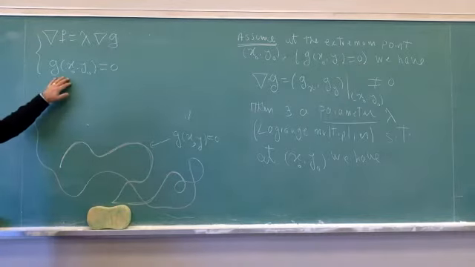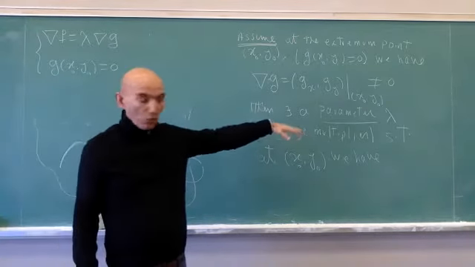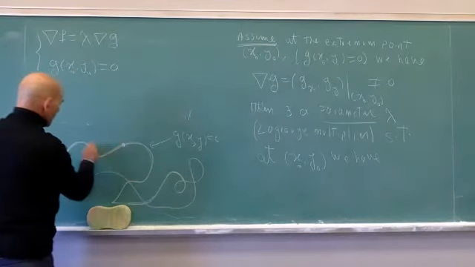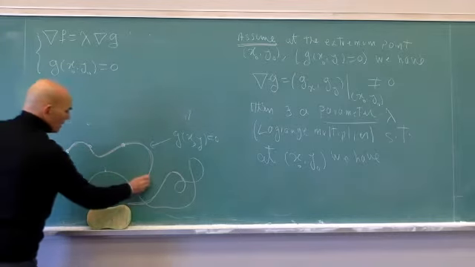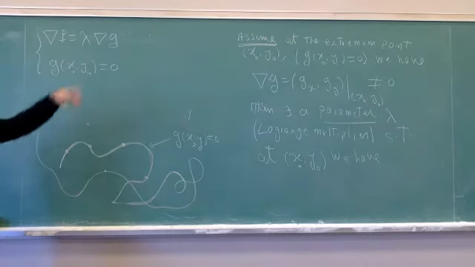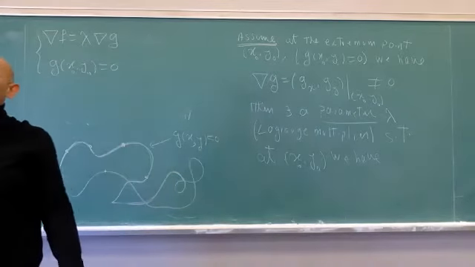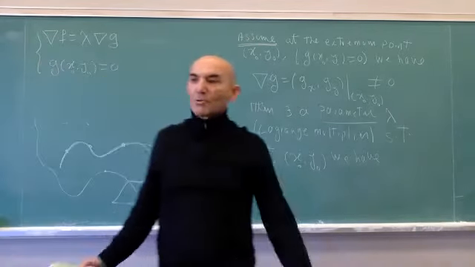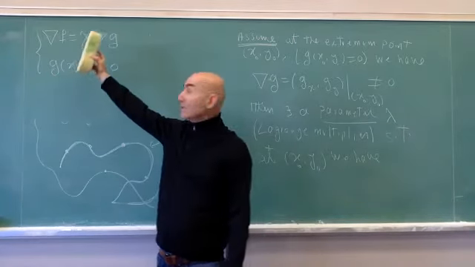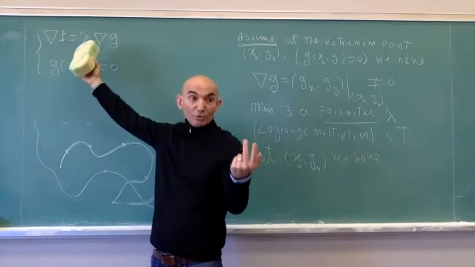Remember, this second condition, of course, has to be satisfied, because we are saying that we want to be on the constraint. So my constraint is here, so I want to be here. We are looking for some points here, right? Now, how many equations are kind of hidden in the first one? Two equations, because it's a gradient of a function of two variables, so it's a vector equation, so it has two components.